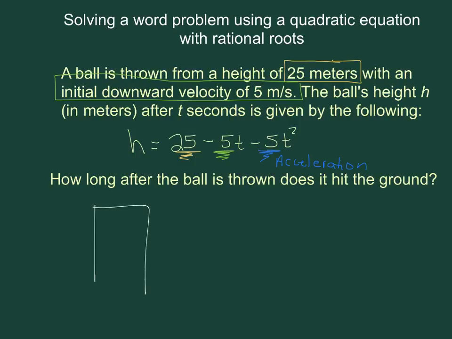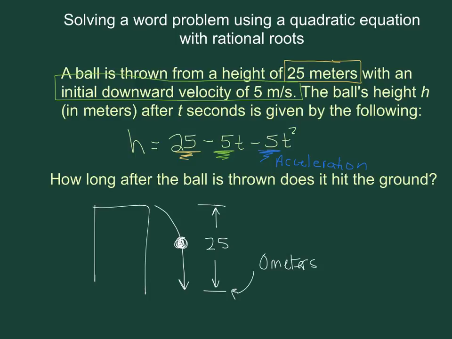So first off, there's the picture that it shows you right here, right? And there's a ball that's thrown, okay, and it follows that path, and we have a total height here of 25 meters, right? That's how tall that is. Excuse me, let me erase that. This is 25 meters, and we're trying to find out how long it takes for it to hit here, which is 0 meters, all right?